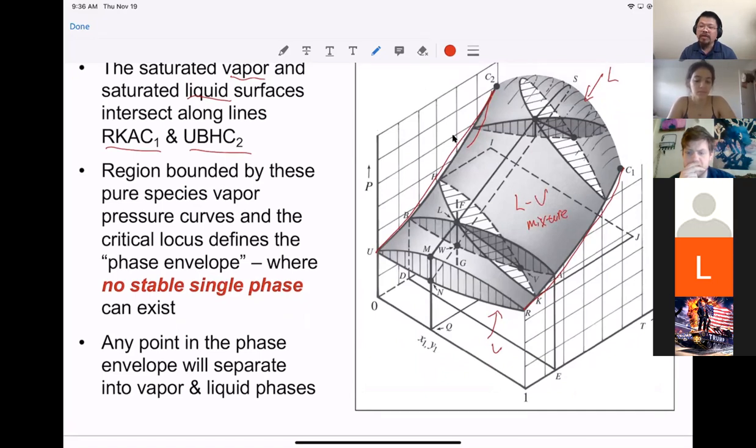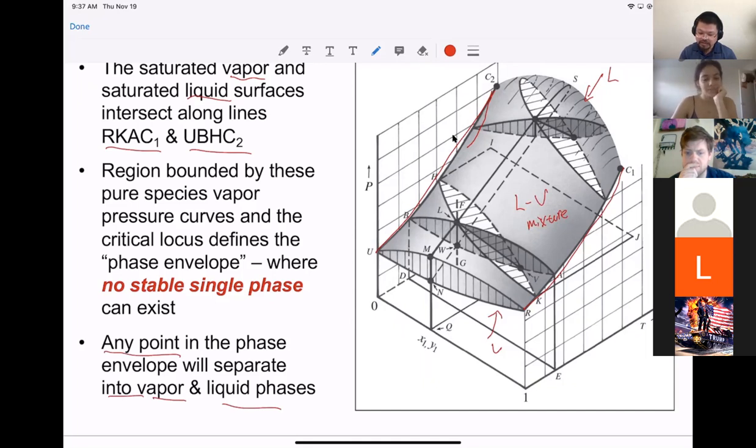That is why we sometimes call this a phase envelope. You may have heard that name before. This is the exact shape of the phase envelope. And of course, any point in the phase envelope will separate into vapor and liquid phases. That is indeed the reason why we will discuss the flash calculation in a few minutes.